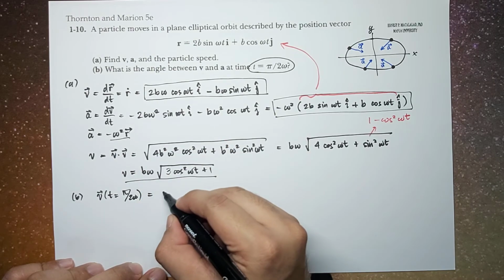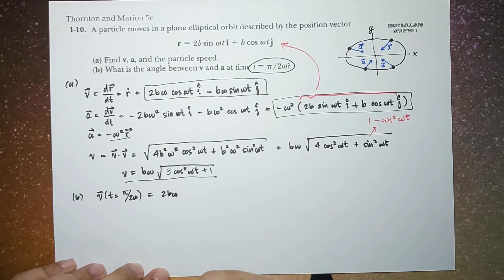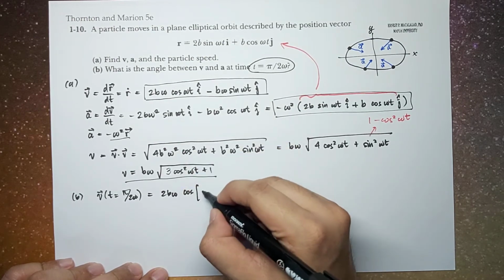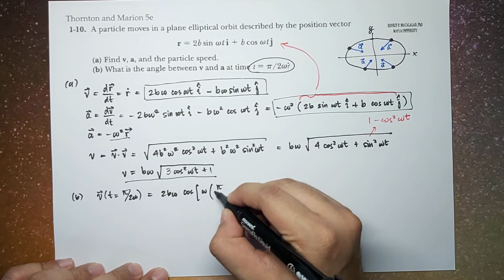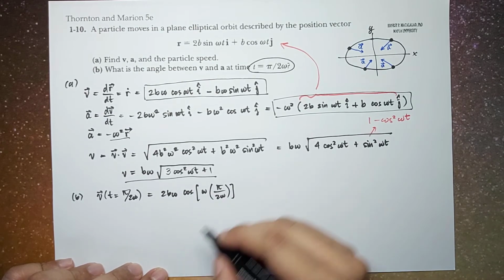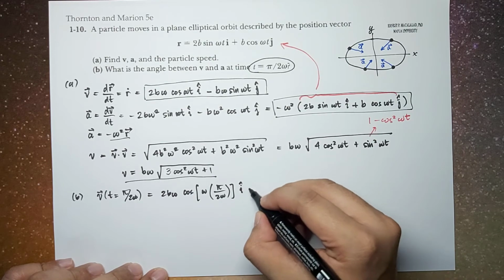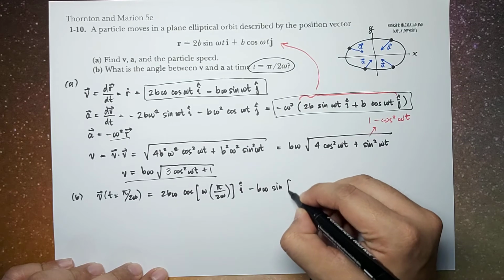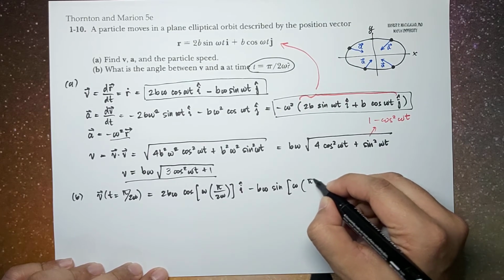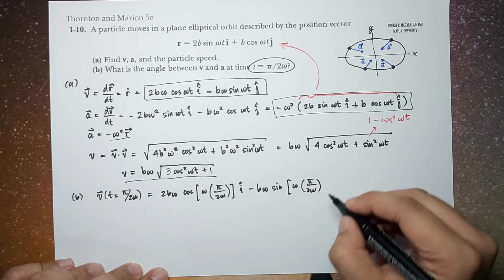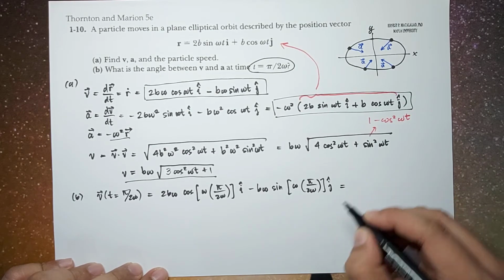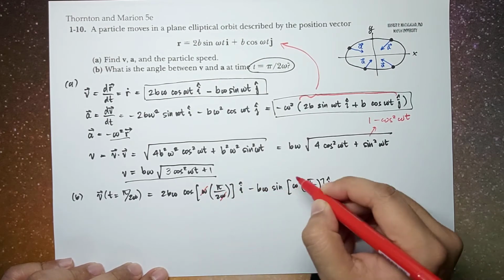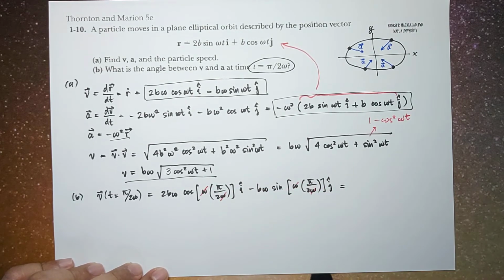So this becomes 2b omega times cosine of omega times pi over 2 omega i hat minus b omega sine of omega times pi over 2 omega j hat. From here, you can see that omega will cancel with omega inside the trigonometric functions cosine and sine.